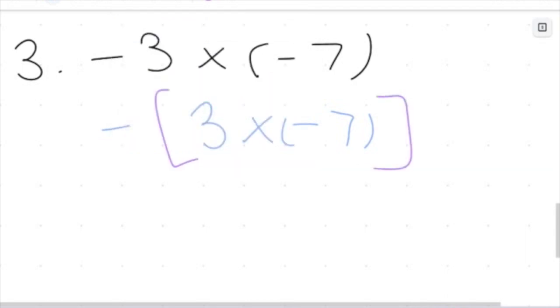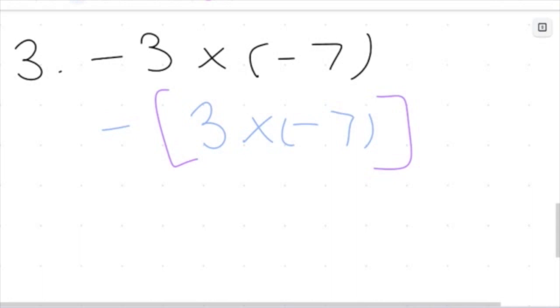This is like saying I have a negative of the rest of the operation. So that's what I've shown here. I have my negative out front, and I've put the rest of my computation, my arithmetic that I want to do, inside a bracket. So I'm going to deal with this, and then I'm going to apply the negative, see what happens there.